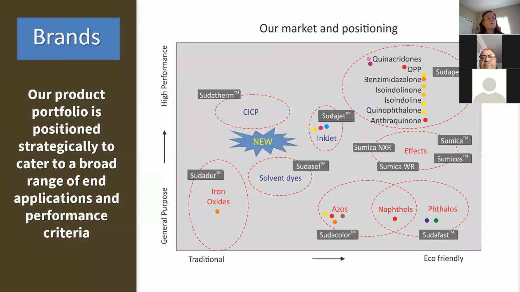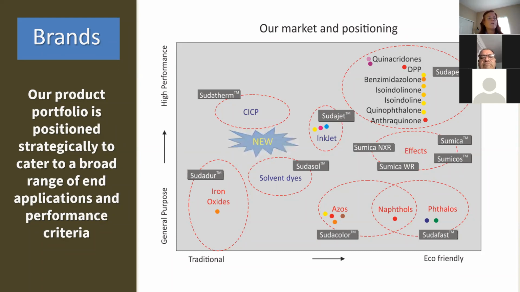So we talked about a lot of things today, and I did want to recall that colorants for plastics span a wide variety of colorants, and so you can see our portfolios here. We have our high performance pigments in the Sudaperm area. Our effect pigments are in the Semica area.